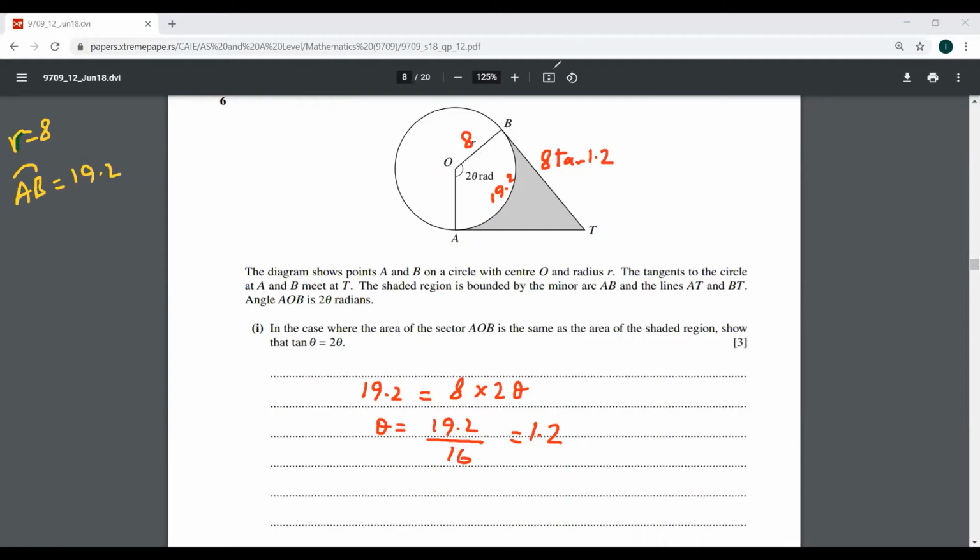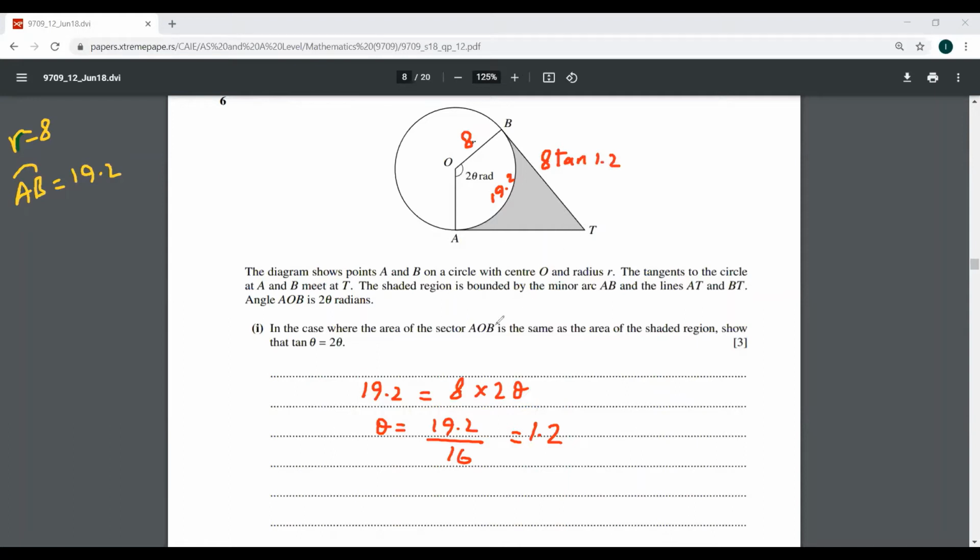This should be 0.6 here. I'm making a mistake here. This is tan 0.6 because 2 theta is, no, this is theta, Anna. So I was writing this correctly. Yeah, this is 1.2. No problem.